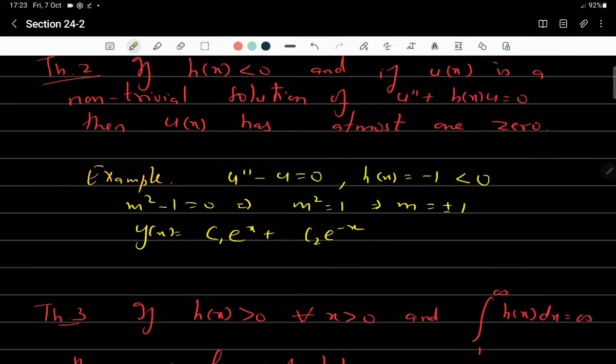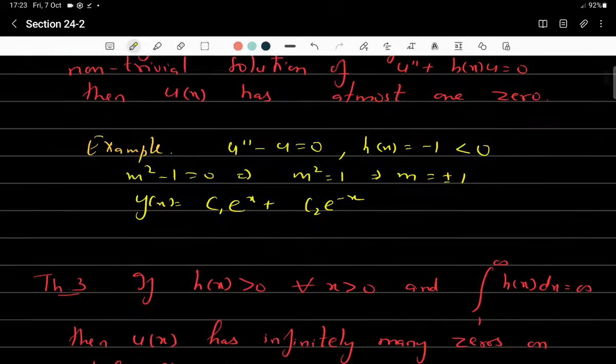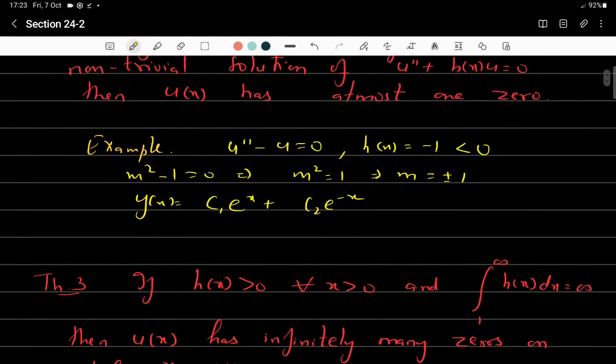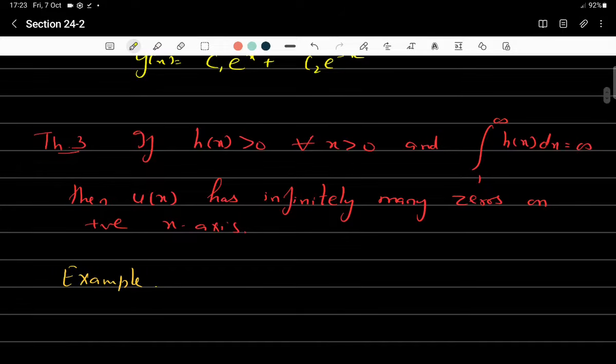Both e raised to the power x and e raised to the power minus x do not have any zero, and this is why we can say from this theorem that it would have at most 1 zero.